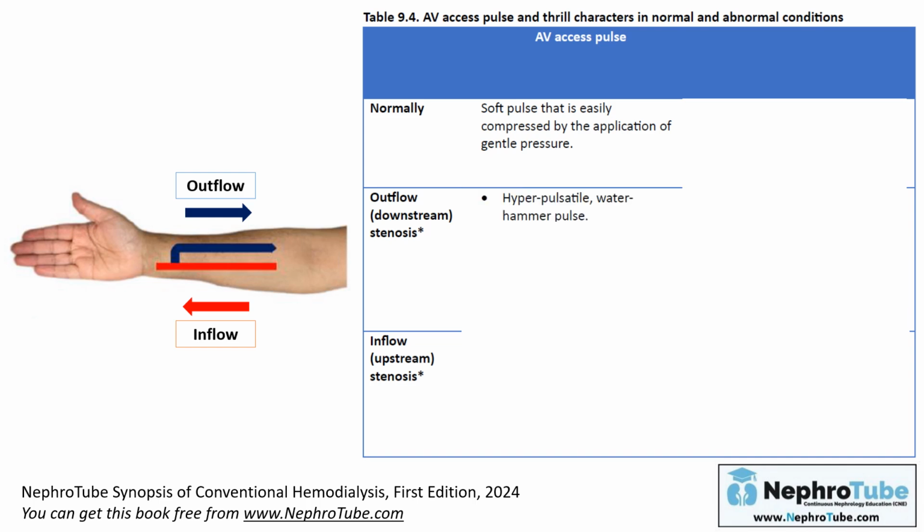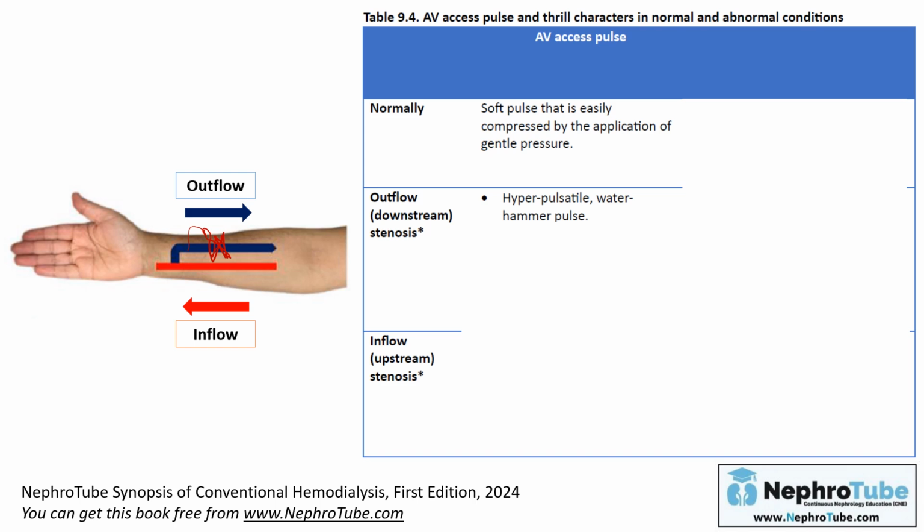If there is outflow stenosis, what is meant by outflow stenosis? If there is a stenosis here, for example, the pulse will be hyperpulsatile, a water hammer pulse. This is before the stenosis. The pulse will be exaggerated, hyperpulsatile and water hammer.